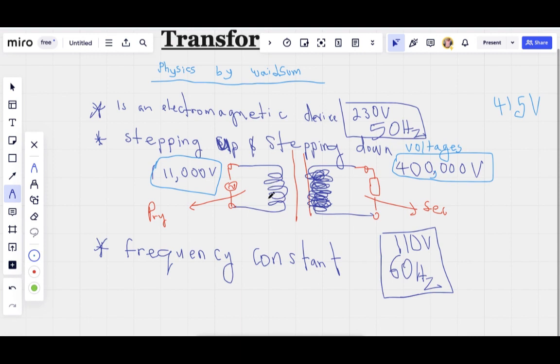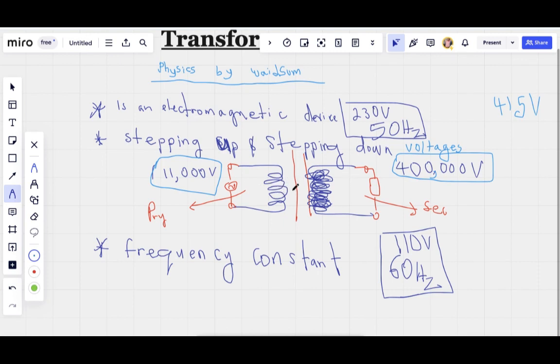Why do we need a changing magnetic field, not just a magnetic field? So that it can be linked to the secondary side. If it's not a changing magnetic field, it cannot be linked to the secondary side. So we need an alternating, changing current to produce a changing magnetic field.